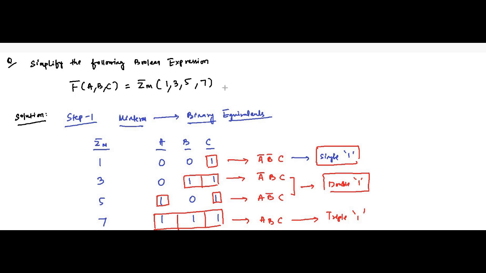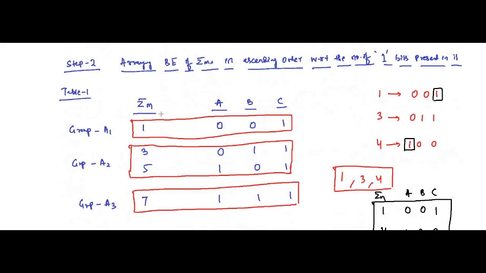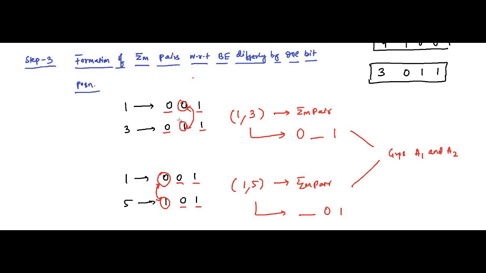Then we'll be solving the majority of questions with respect to 4 variables. Then we'll be solving some questions related to 5 and 6. So yes, the first 2 or 3 questions will be on 3 variables. Then we'll be moving to 4 variables, then 5 variables.